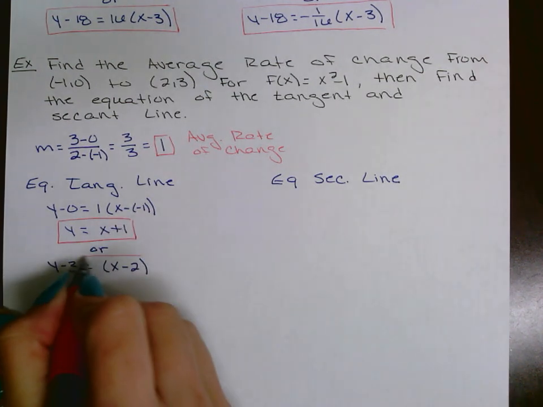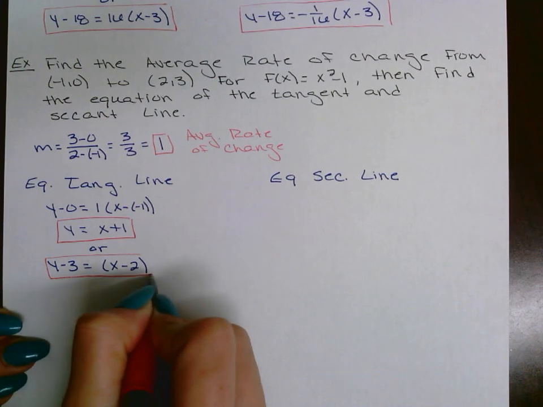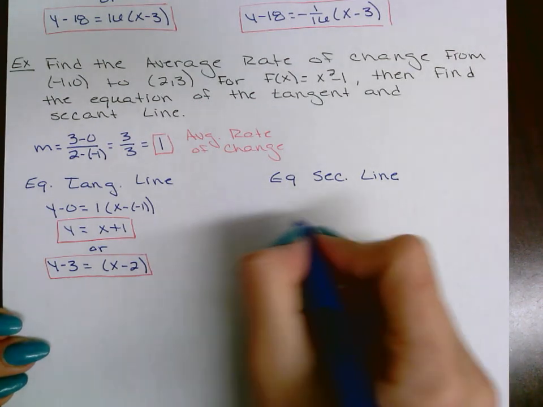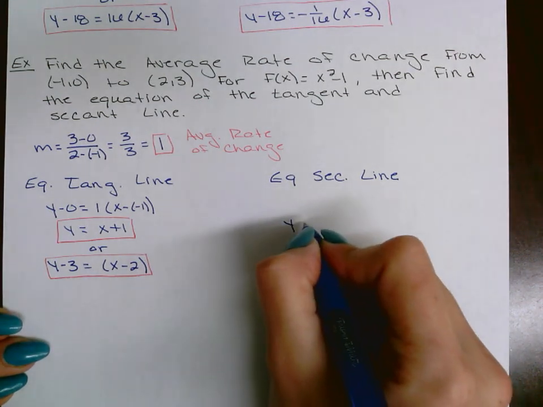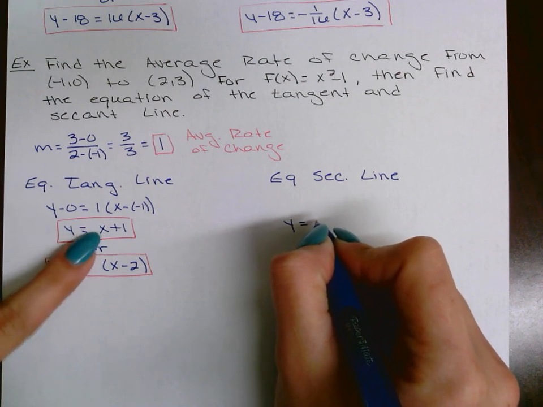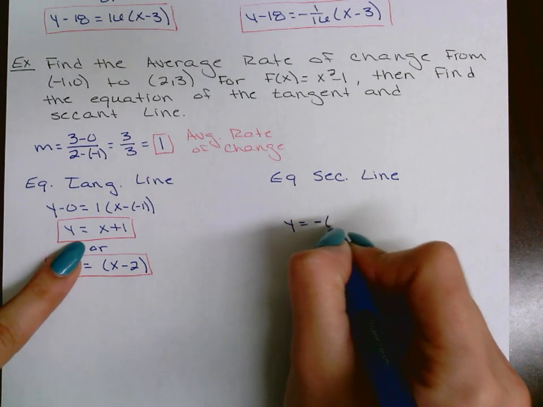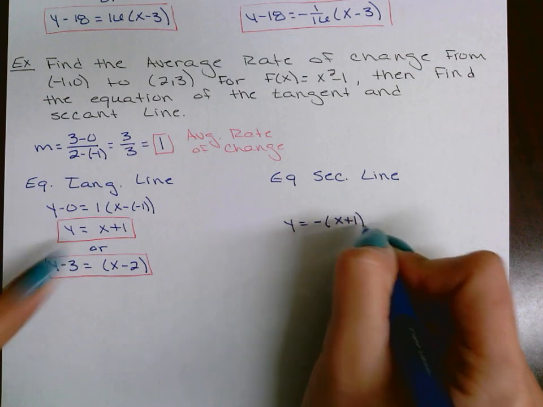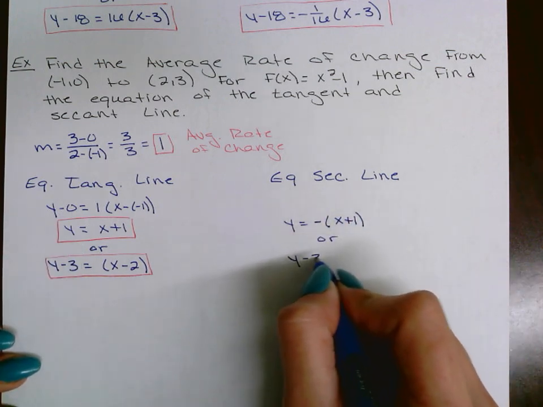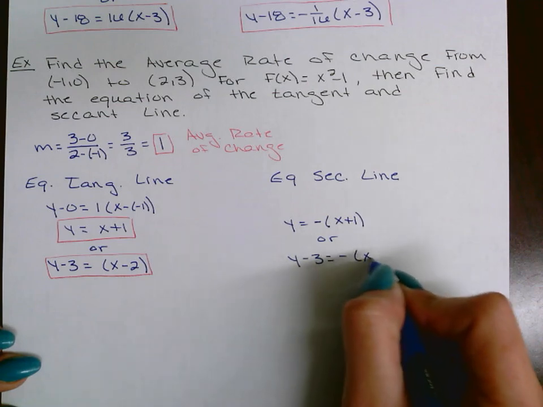And then for the secant line, you'd have the same exact 2 equations, except my slope, I'd have to do the opposite reciprocal of 1, which is just -1. So I could say y equals, don't just put that -1 in front of that x, because there was a parenthesis. I'd have to put negative x plus 1, or you could distribute that. And then y minus 3 equals negative x minus 2.